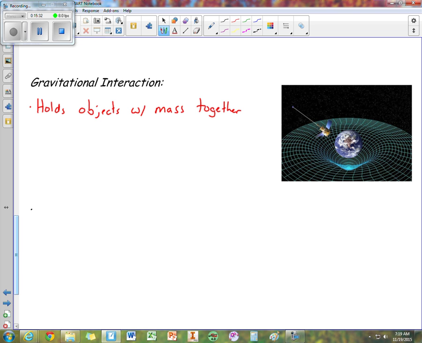So this force holds objects with mass together. And again, we really aren't sure why. We can measure the effects of gravity, but we don't really understand what gravity is. Gravity is so strange that it even affects time and light. So gravity is really, really cool.